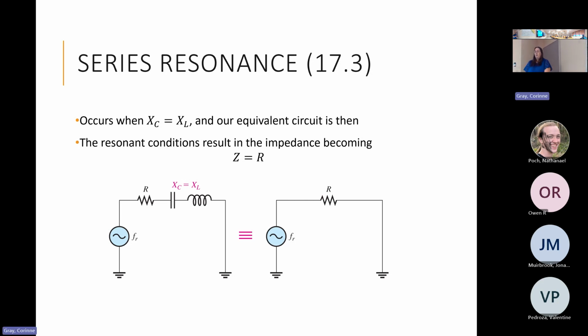As we go through and look at it, basically what we have here is, because these are equal, if we go through and think about our equation for ZT, that's R plus j(XL minus XC). That term ends up being 0. So really ZT is just equal to the resistor, and we don't have to worry about it much.